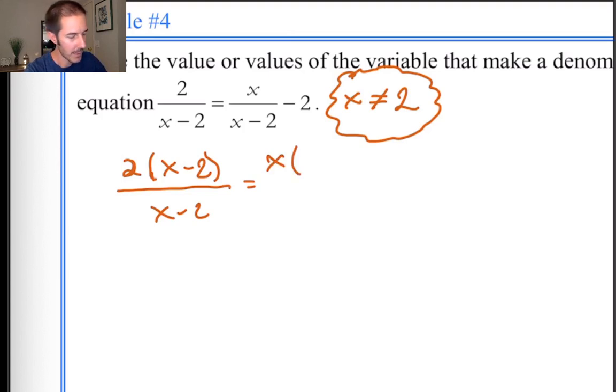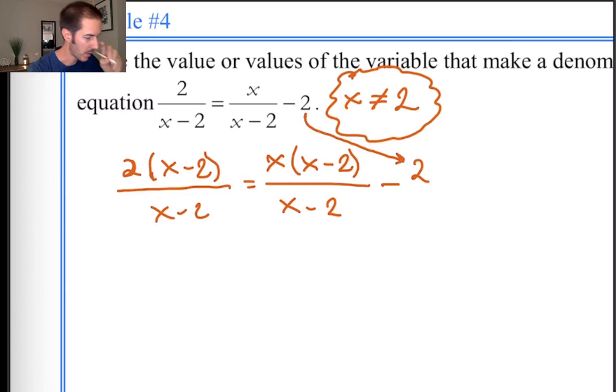And I'm going to multiply it by x minus 2 all over its original denominator of x minus 2, minus, and there's a 2, that's this one. There's a lot of 2's in this problem, so we've got to be careful. I'm going to take that 2, and I'm thinking of it as a 2 over 1, and I'm multiplying into that numerator this same multiple of x minus 2.